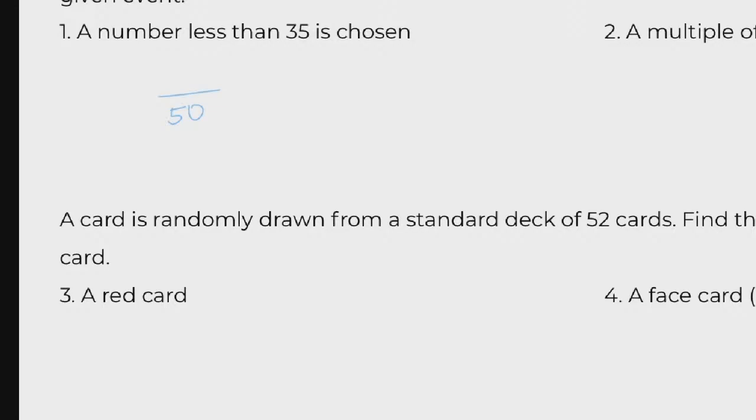So from 1 through 50, only 34 of those numbers are less than 35. So that's going to be 0.68. And you can also write this as 68%. So you have a 68% chance of picking a number that's less than 35.